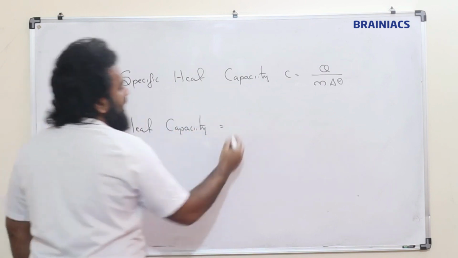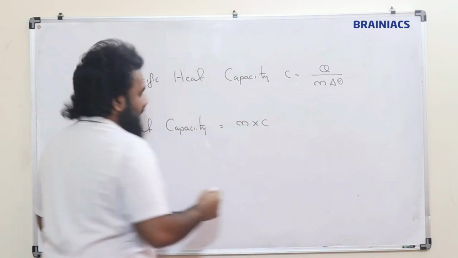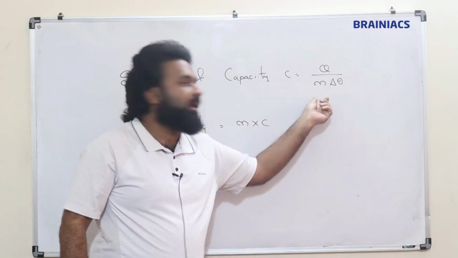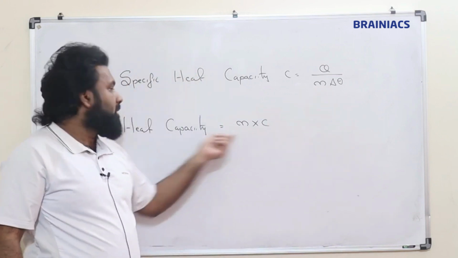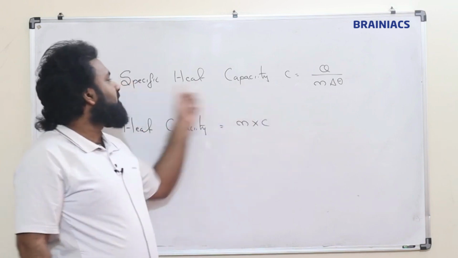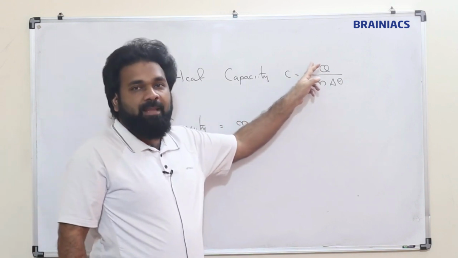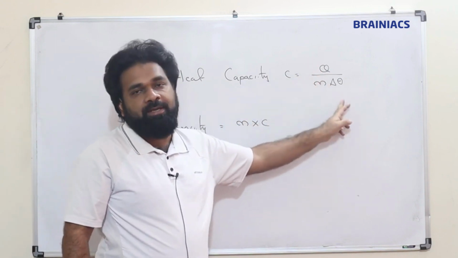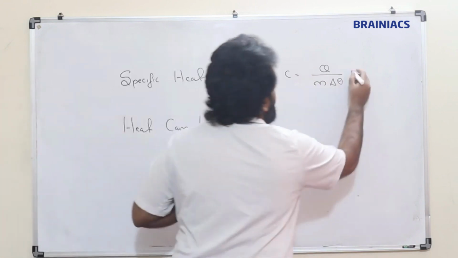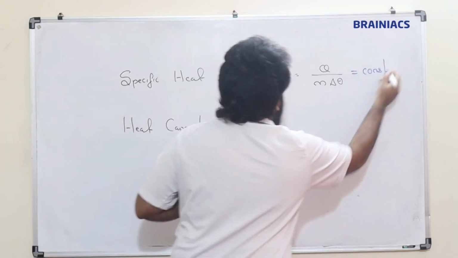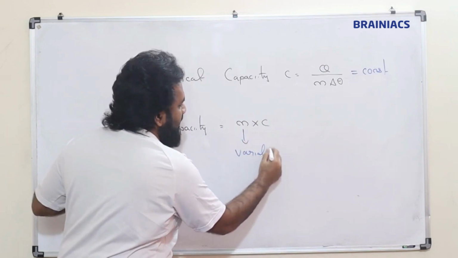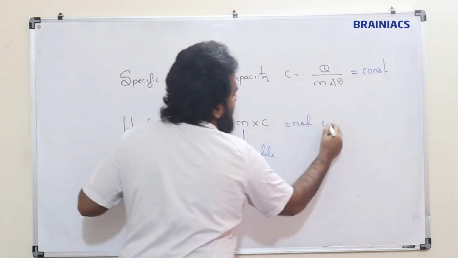Heat capacity is M into C, which is not per unit mass; it is for mass M. So heat capacity is mass into specific heat capacity. Specific heat capacity is total energy per unit mass per unit degree change in temperature. Specific heat capacity is constant, but heat capacity is not constant because the mass is variable.